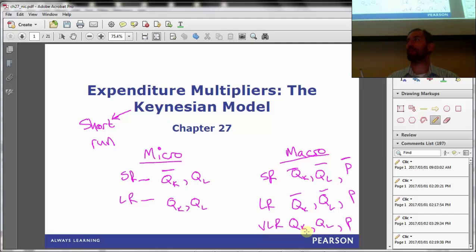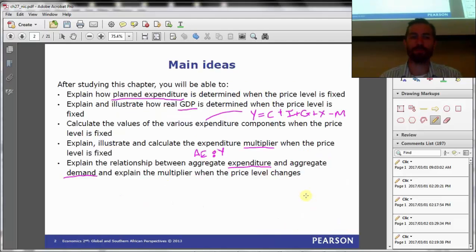We've seen in microeconomics that one way in which things can adjust is through price changes. For now, we're treating prices as fixed and saying, well, if prices are fixed, is there some way in which the economy can adjust itself? This model is a way of saying, yes, there is. So the key to this model is a discussion about planned expenditure.